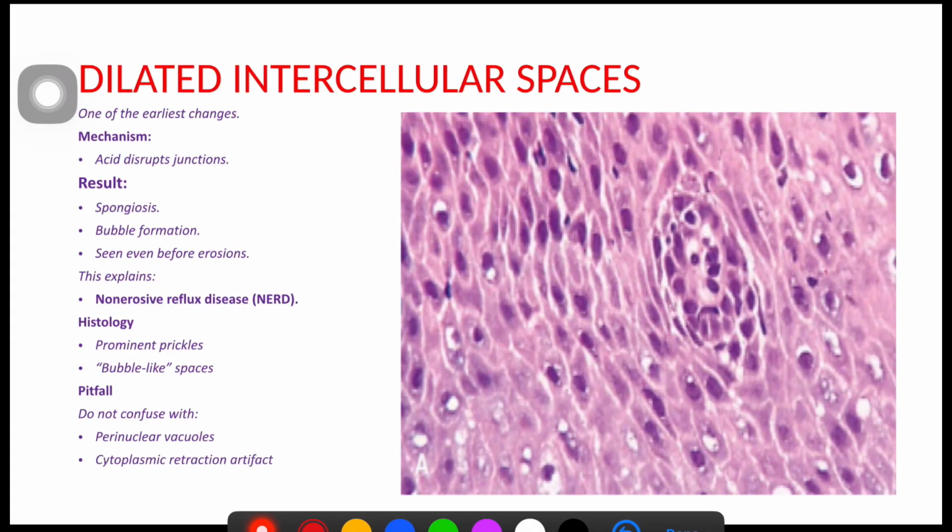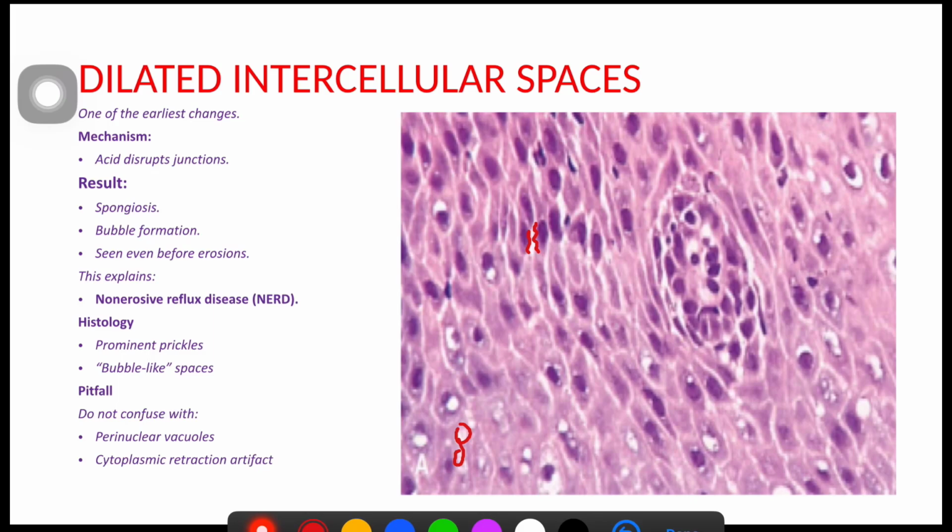Now, dilated intercellular space. It is one of the earliest changes because of acid disruption, and results in spongiosis, meaning you can identify space between these two cells. So it is intercellular space and spongiosis. Sometimes bubble formation is seen between these cells, and this change is seen even before erosion.